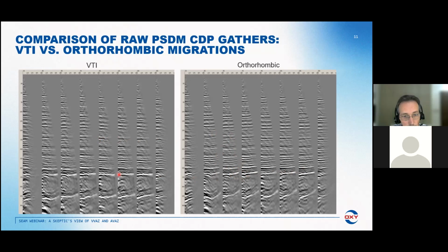However, there will always be some residual moveout from the migration. We cannot perform a perfect migration or a perfect velocity model estimation. In the case of orthorhombic migration, if you want to do that reliably, you have to estimate all those parameters independently, reliably, and that's still rather complicated.